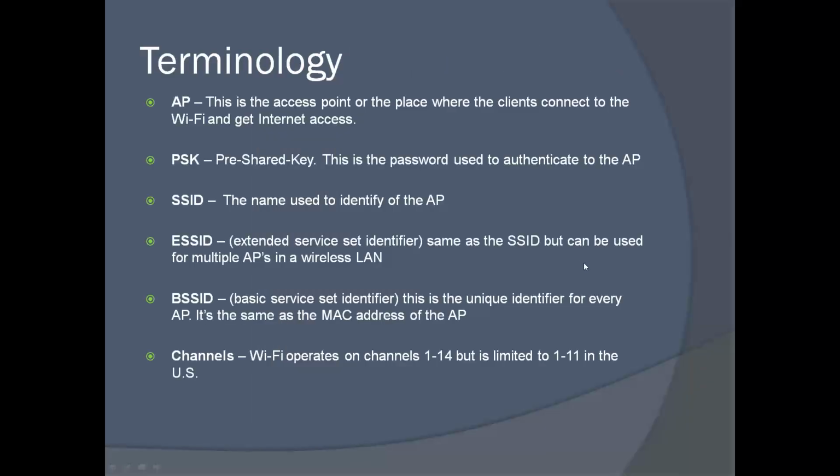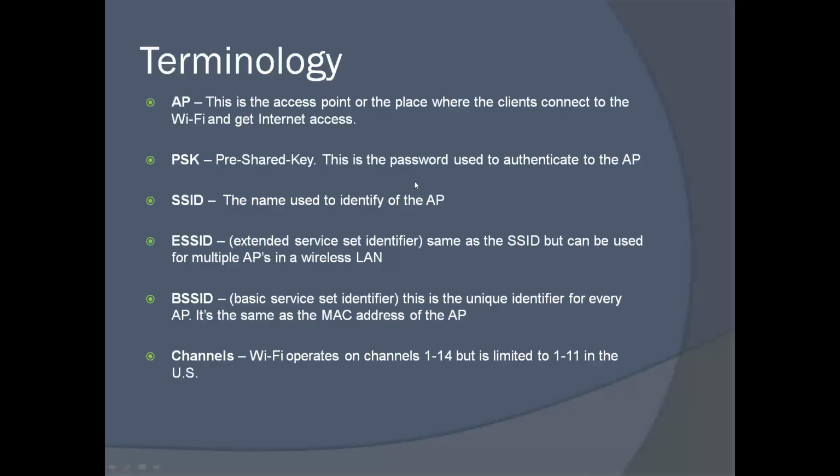Okay, let's talk about some terminology before we go further. All right, the AP. You'll hear me talk about AP. The AP is the access point, or the place where the clients connect to the Wi-Fi and get internet access. Okay, you're probably using one right now in your home, in your office. All right. We'll often talk about PSK, the pre-shared key.